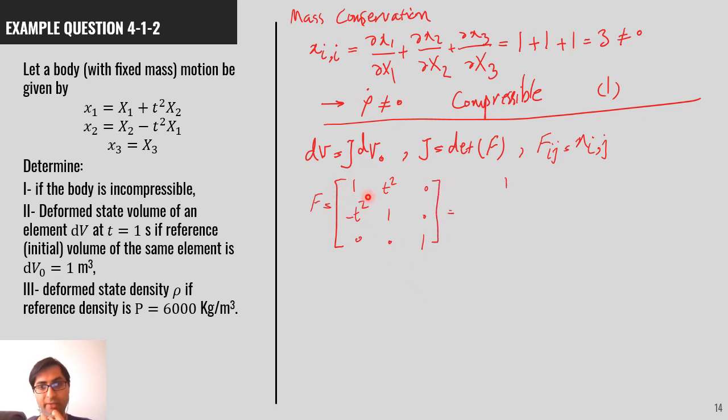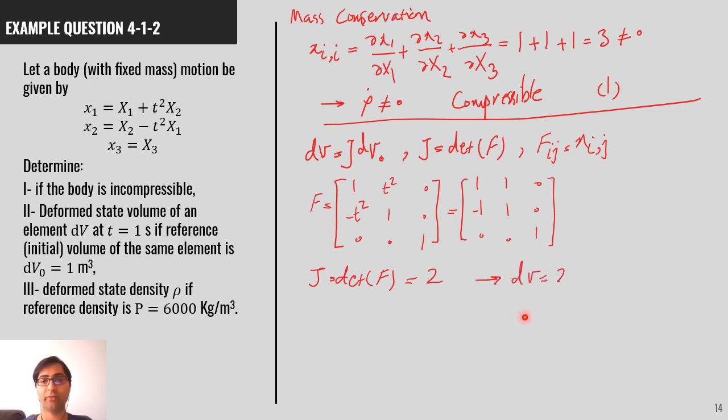So the first term is basically partial x1 partial capital X1. The second term here is partial x1 partial capital X2. Replacing t with 1, we get [1, 1, 0; minus 1, 1, 0; 0, 0, 1]. So J is the determinant of F, and I've already calculated that to be 2. So simply dV, the current volume, is twice the initial volume. Initial volume was 1 cubic meter, so the current volume is 2 cubic meters.